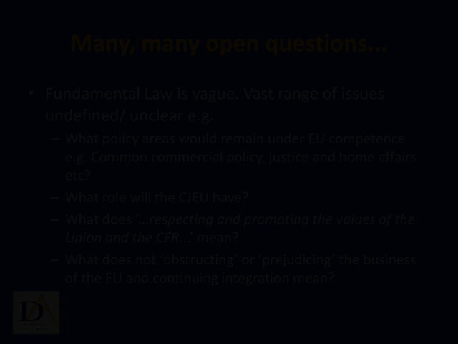Again, the Fundamental Law says that's down to the individual member state that wants associate membership to negotiate with the EU, subject to those basic minimums about promoting and respecting the values and jurisdiction of the Court of Justice, etc.